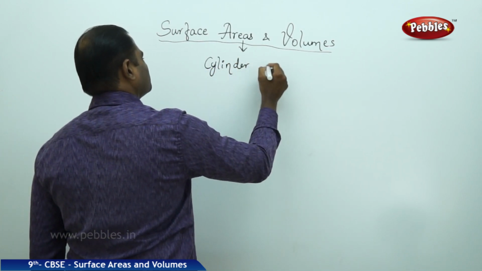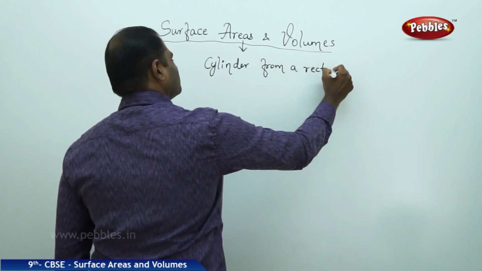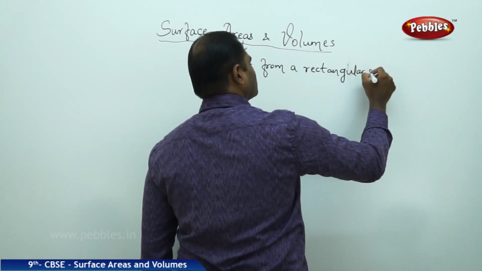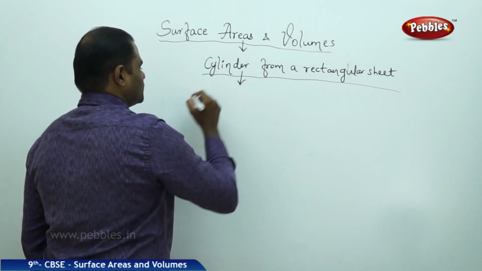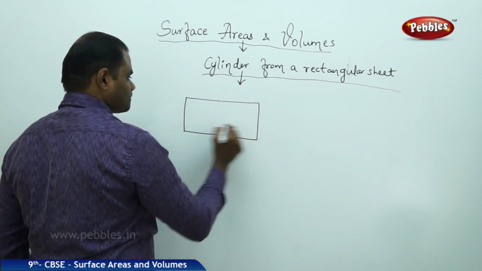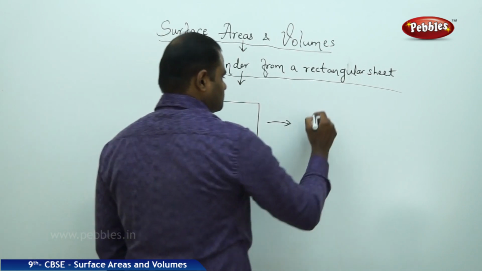Cylinder from a rectangular sheet. As we have seen, a rectangular sheet of paper, when rolled, forms a cylinder.